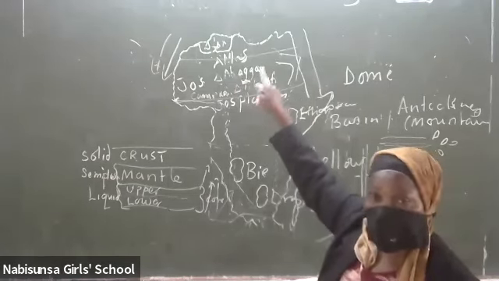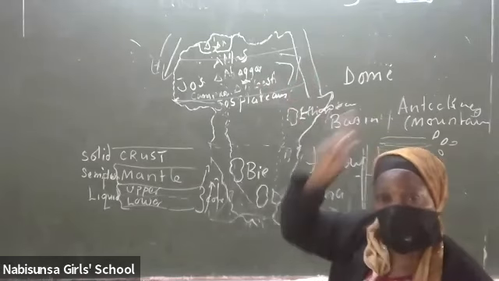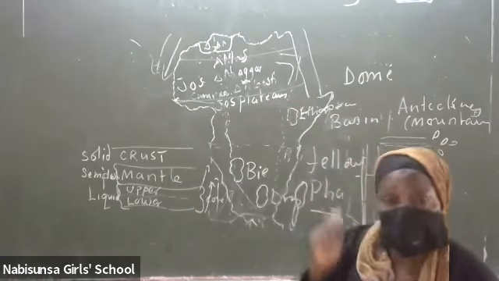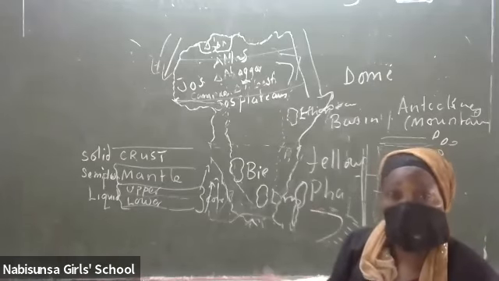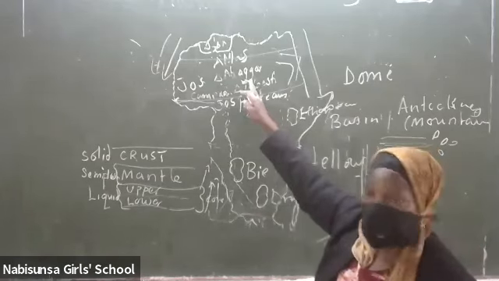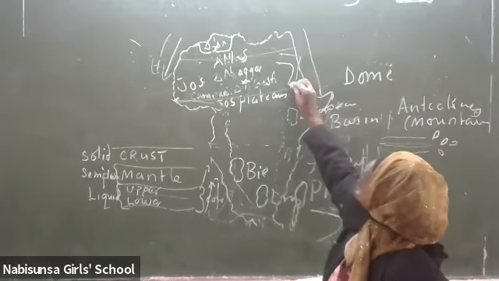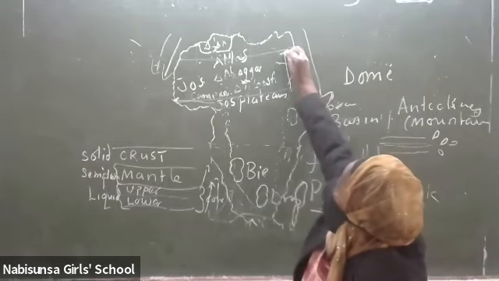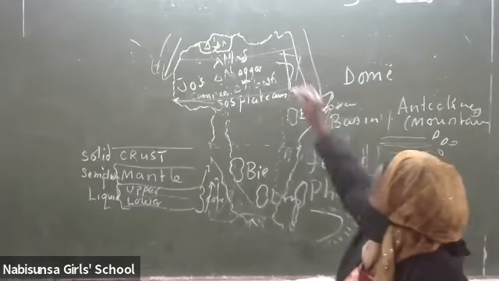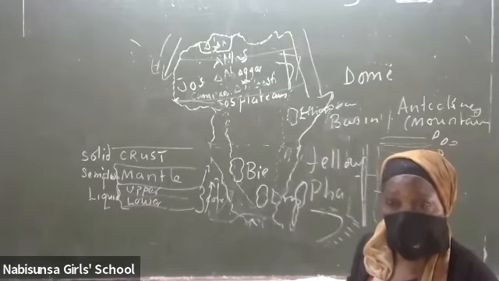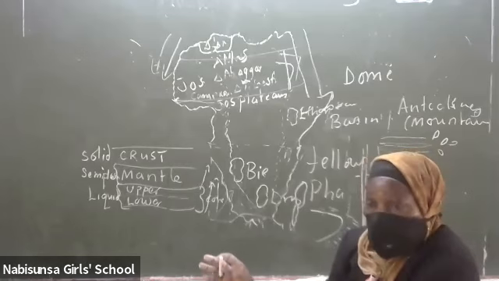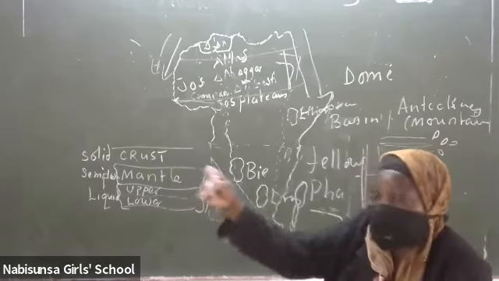Why? Because this area has been subjected to a lot of wind erosion due to the absence of a permanent water body, apart from the Nile. And when it reaches here, you see it is almost straight. It is not meandering.